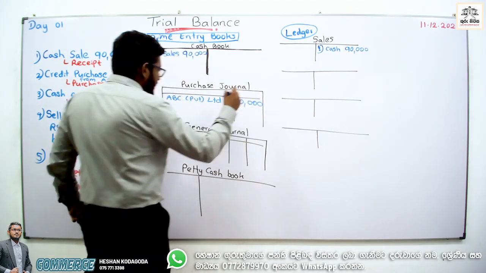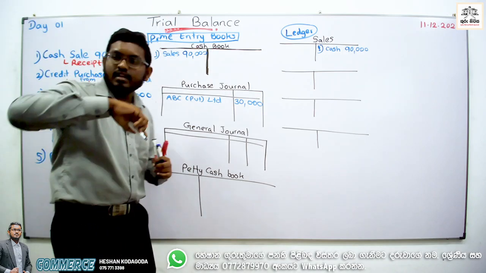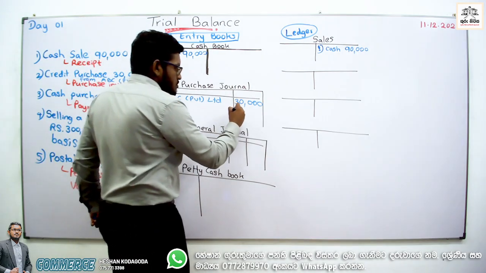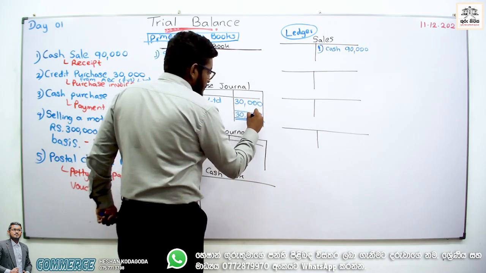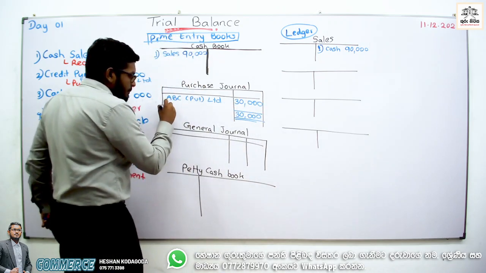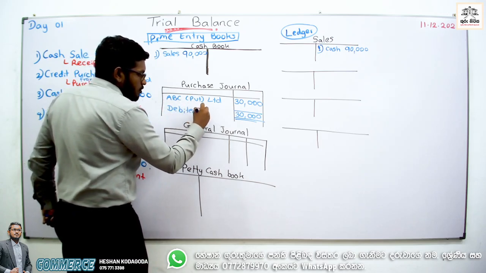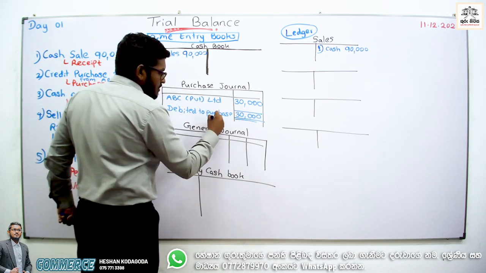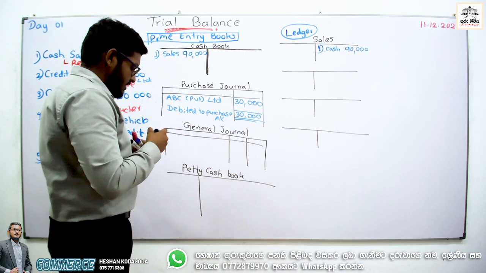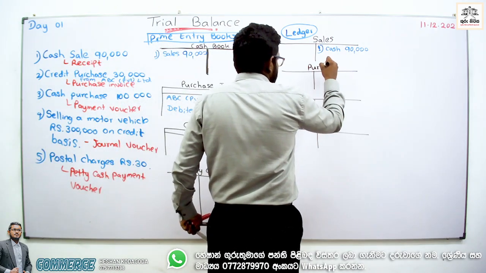Since there is no other credit purchase, I can directly post to the ledger. So we need to take the total, 30,000. At the end of the month, we need to write debited to purchase. So you can write like this. Purchase account debit.